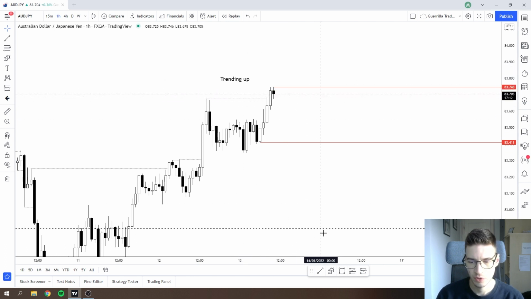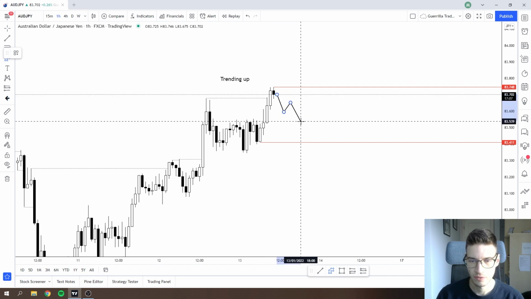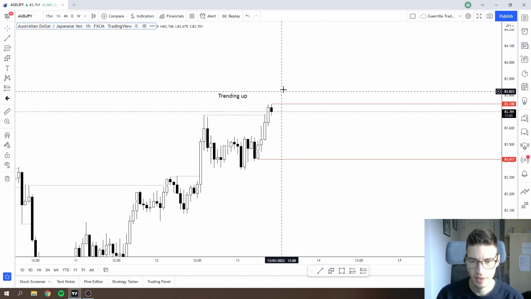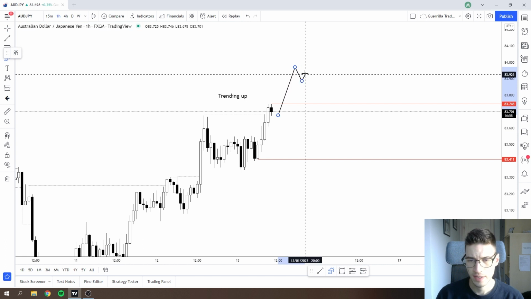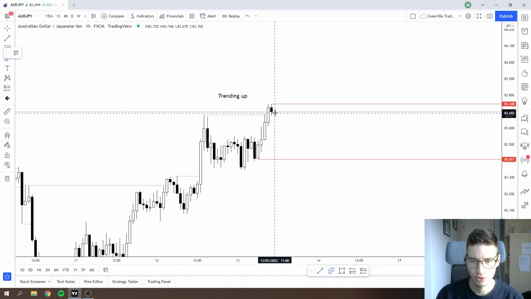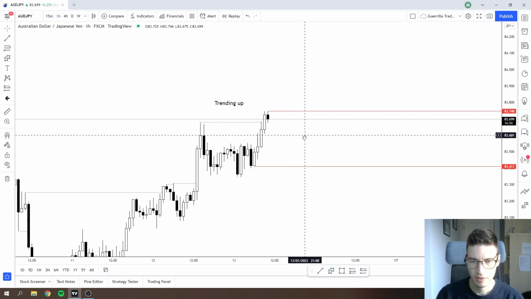This is not enough of a push for me, so I would not actually be looking for some sort of trade like this. I would like to see more of a push to the upside, and if we get this, I would look for a long trade. Or maybe we get more of a push, then I would look for a combo trade.